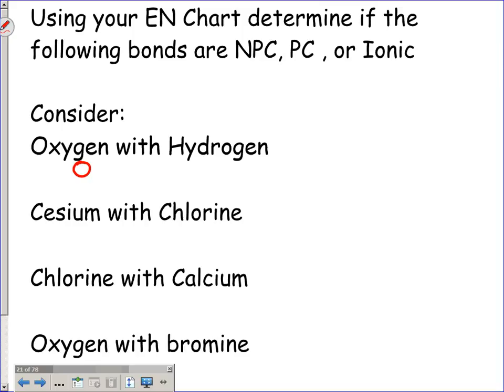You know what? Are we just finding the difference? Yep.